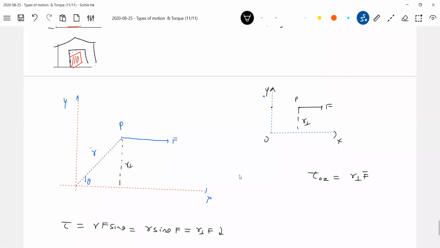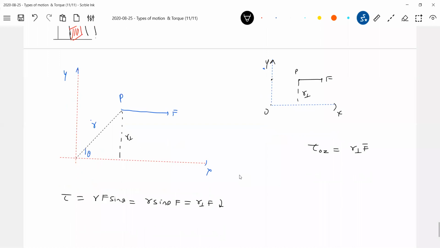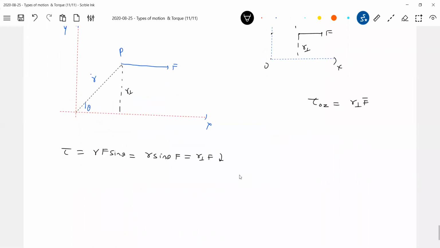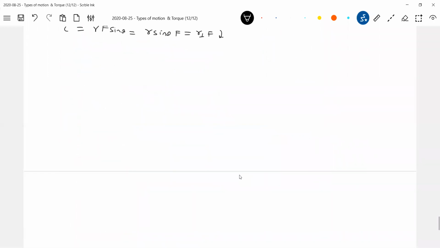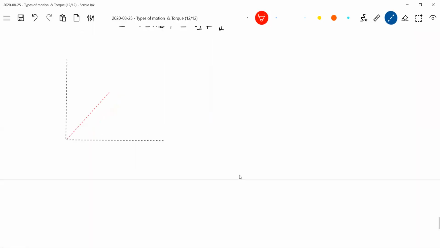Or can we do another way? I'll resolve this force. Instead of this, he will resolve the force. Rather than R, he will resolve the force. The same diagram. The force was acting. This is theta, this R bar. So I will resolve this F now.